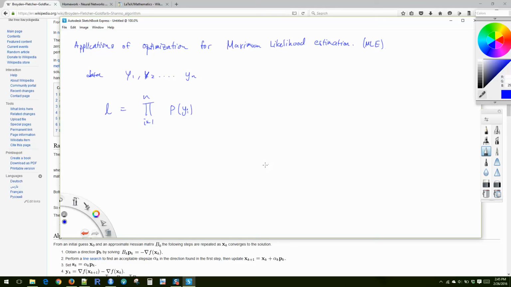Dealing with the product is tough, so oftentimes we deal with the log likelihood. We take the log of this and it becomes a sum rather than a product. And we try to maximize this.